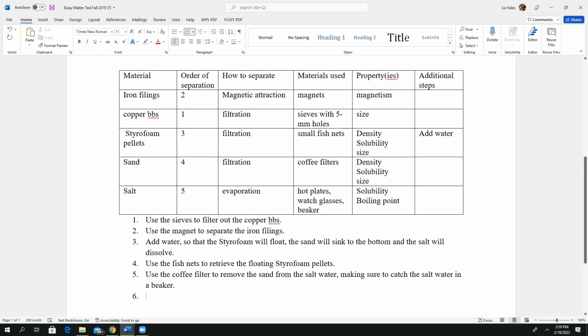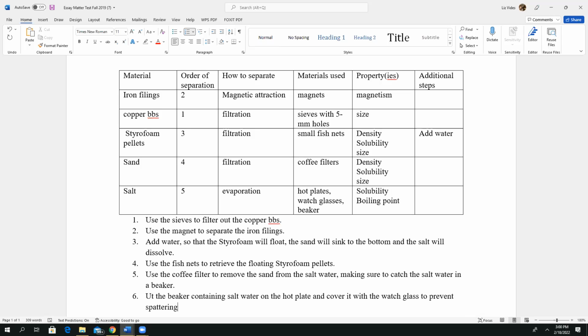Then 6, put the beaker containing salt water on the hot plate and cover it with the watch glass to prevent spattering. Well, actually, it'll still do the spattering, but it won't go outside, right?